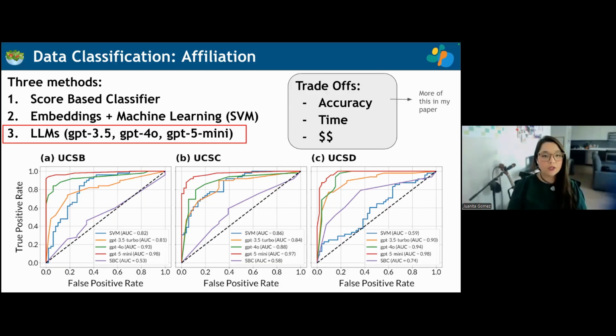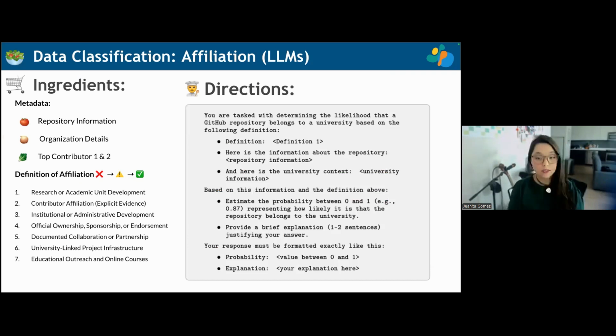So talking about LLMs, which is the method that I'm going to be discussing since it's the one that gave me the best accuracy. What I did was I took some of the metadata that I had collected for the repositories. So things like the name, the email, some general information that could give me signals of affiliation, plus the details about the organization, plus details of the top 2 contributors for these repositories.